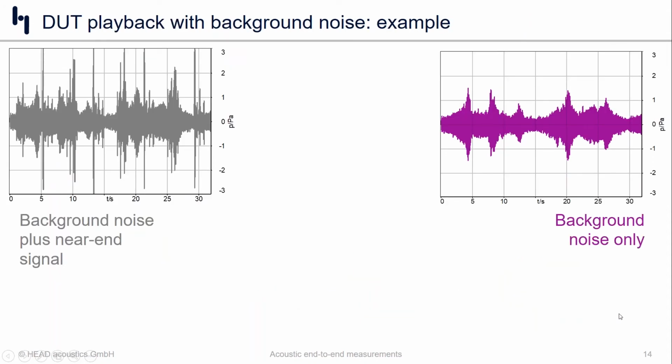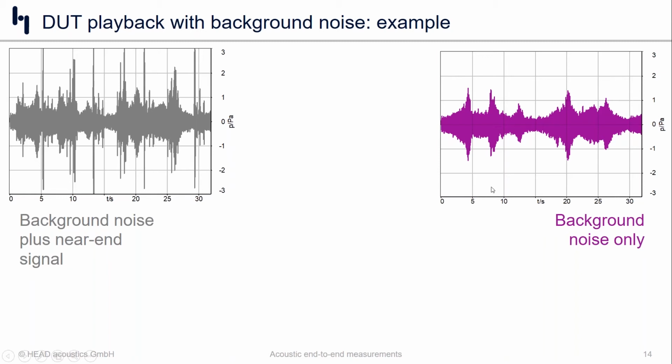Let's look at a real-world example. So on the left-hand side, we have that gray murky mix of background noise plus whatever signal was coming from our device under test. And clearly, it's hard for us to separate what is what.